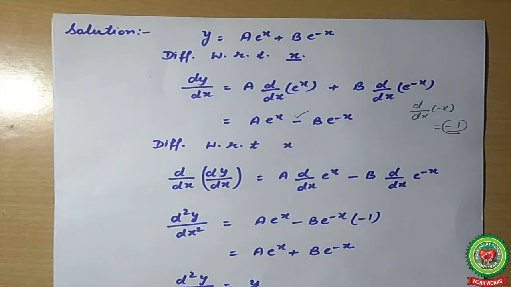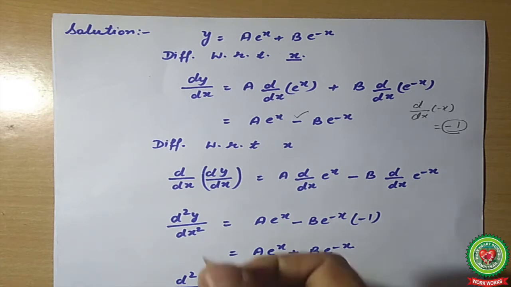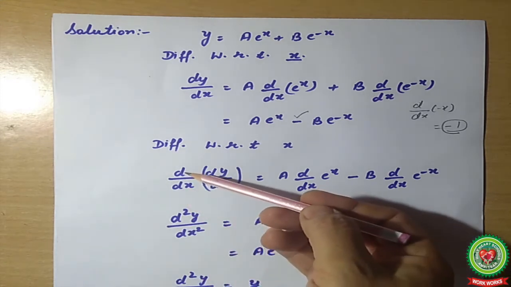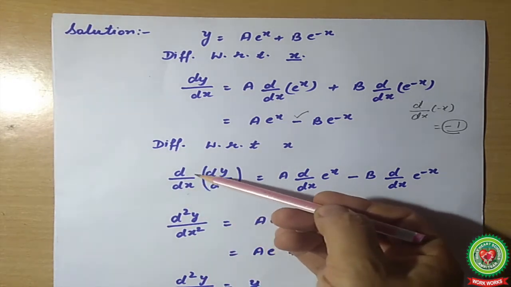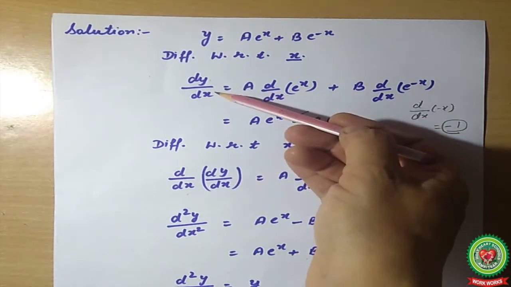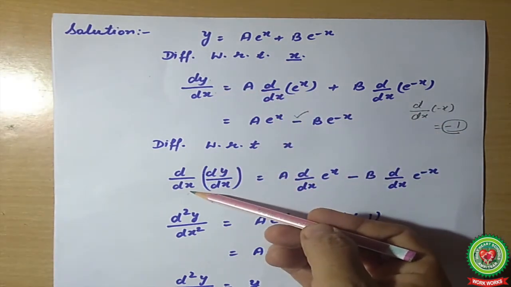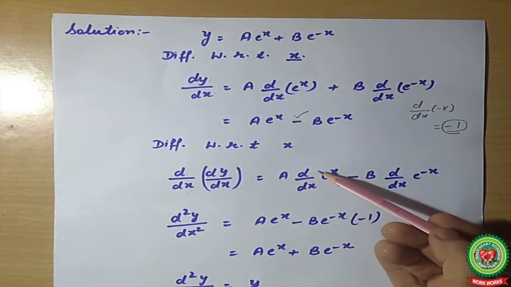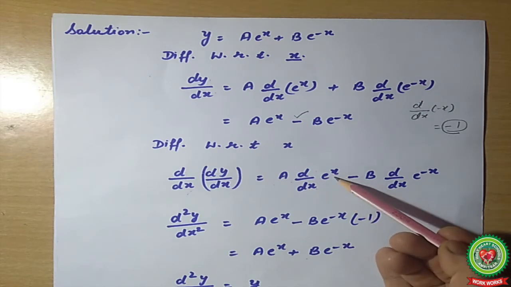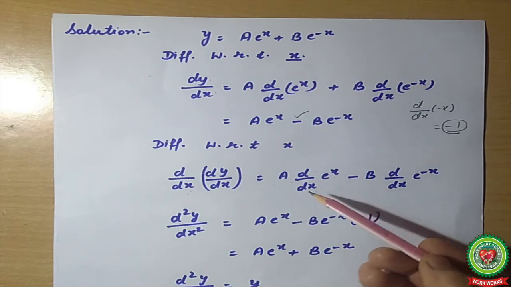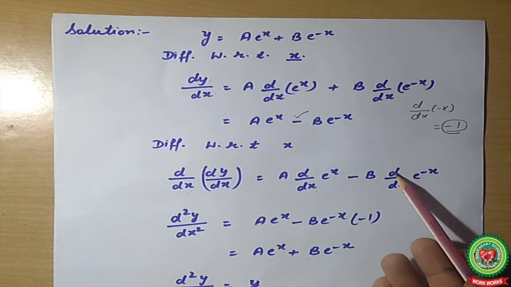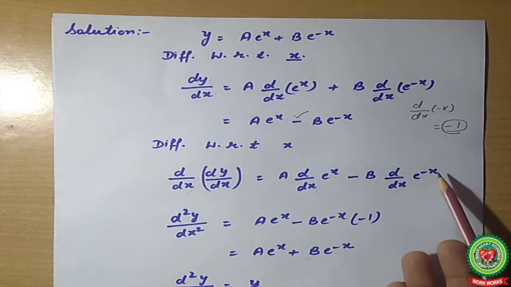That's why this sign will be negative. Because two arbitrary constants are there, we will again differentiate the equation. Then d by dx of dy upon dx is equal to a times differentiation of e raised to power x with respect to x, minus b d by dx e raised to power minus x.